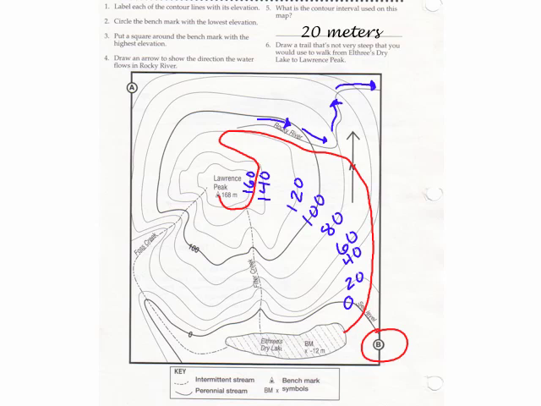If I would just go straight up the mountain from Lee's Dry Lake up to the peak, that wouldn't be a least steep hike, because I'd be going over those contour lines too often, which would mean it would be a very steep climb. Just think about your blue mountains that we used in class, and think about going straight up that as opposed to maybe taking more of a kind of a weave up the side of the mountain. So your answer to 6 should look something like that.